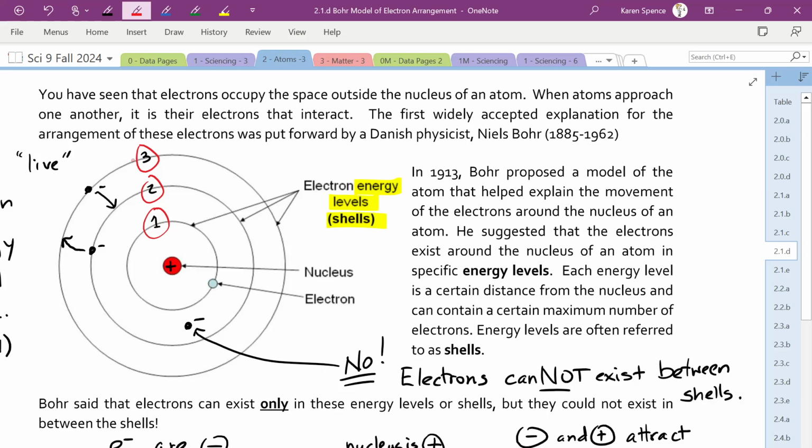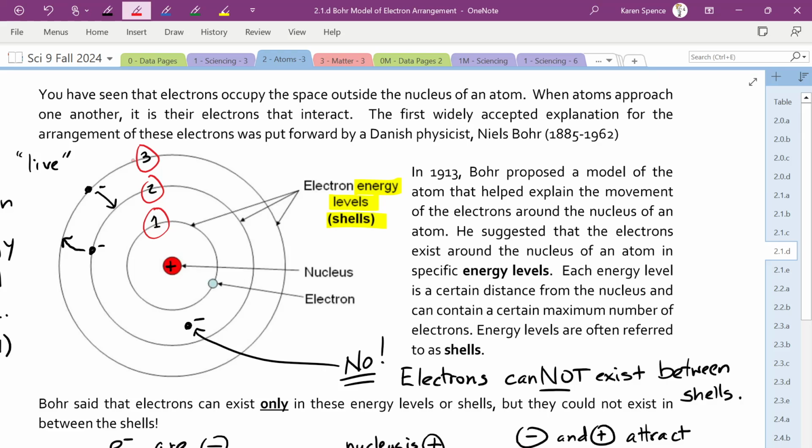Remember, you are negative and the nucleus is positive. Where would you like to be? Number 1, because the nucleus pulls you in. You find the nucleus extremely attractive. So the first electron in any atom is going to go into shell 1 because it's closest to the nucleus.